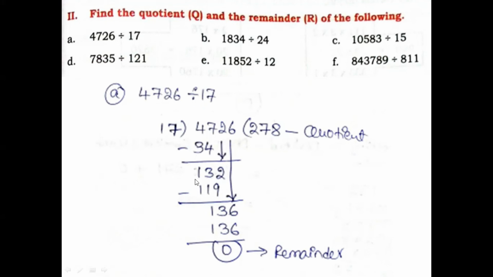Okay children. 132 minus 119 is how much? 13. 6 as it is. 17 eights are 136. Yeah, 136 minus 136 is how much? Remainder 0. Okay. 278 quotient, 0 remainder.